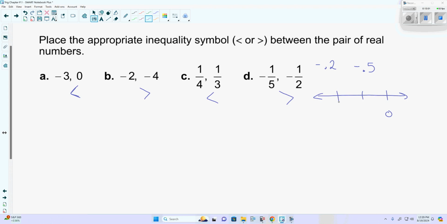Which one's closer to 0? The -0.2 and then the -0.5, yes? Because this is our -1/2. This is our -1, yes. So it's kind of the flip for negative. Because the bigger a negative is, the smaller it is. But yeah, so if it had been 1/5 and 1/2, yes. 1/5 is less than 1/2. Negative flips it on its head.